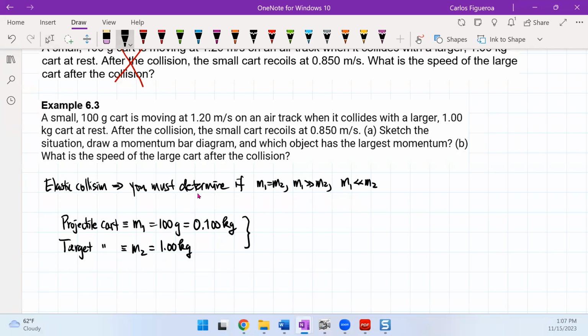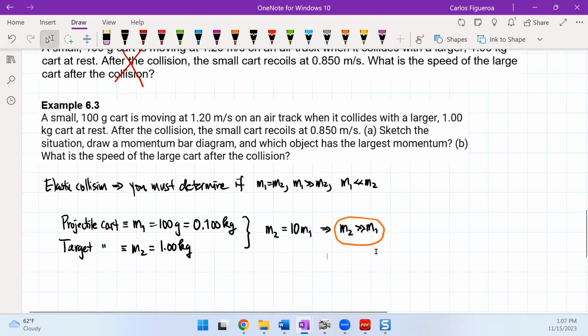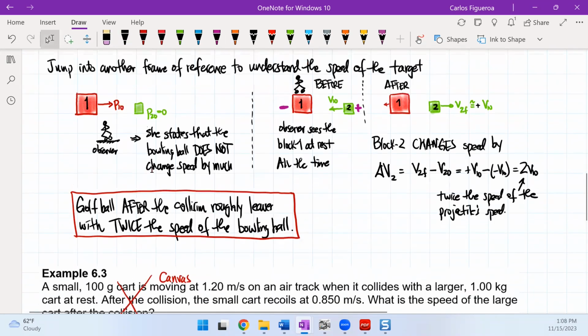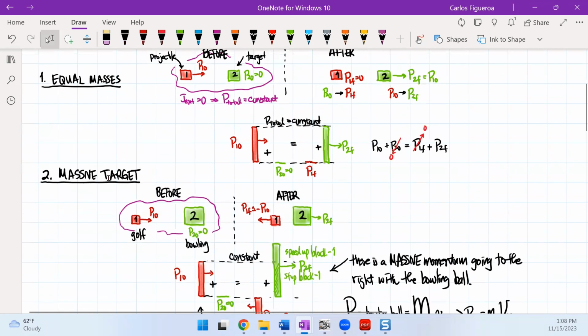So immediately what this tells me here is that M2 is equal to 10 M1. So we're going to say here is that M2 is much bigger than M1. So right away, by looking at this situation, we know what we should expect physically. So then I'm going to come back here, and you could see that this is a massive target.